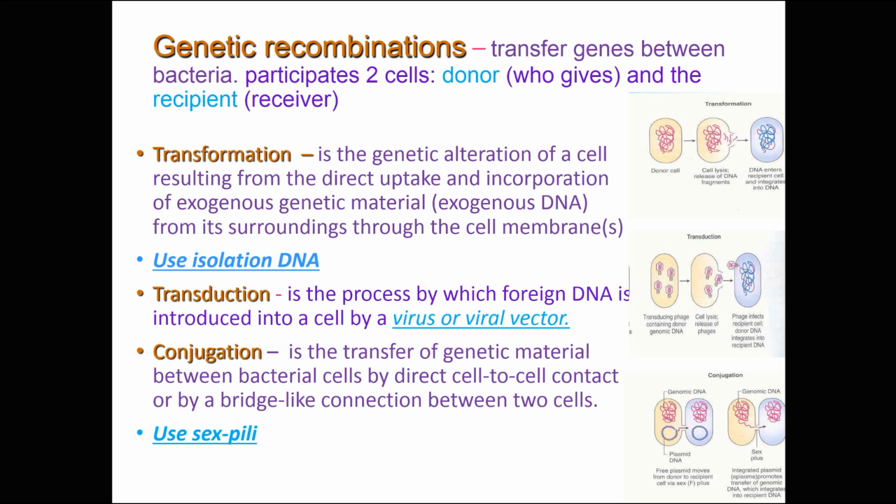Free DNA. Transduction is the process by which foreign DNA is introduced into the cell by a virus or viral vector. Conjugation is the transfer of genetic material between bacterial cells by direct cell-to-cell contact or by a bridge-like connection between two cells. Needs sex pili.